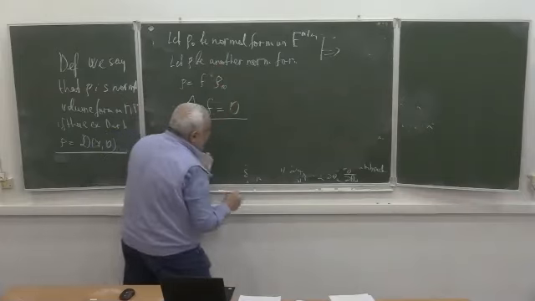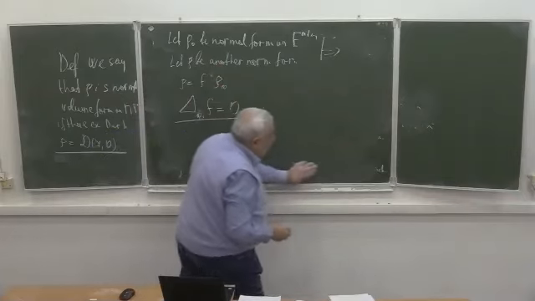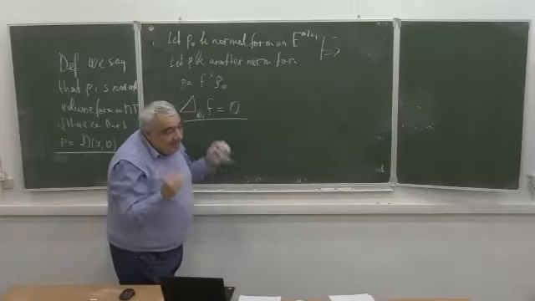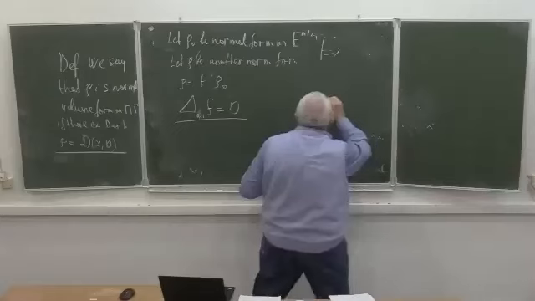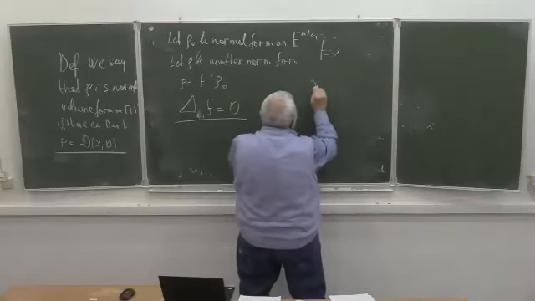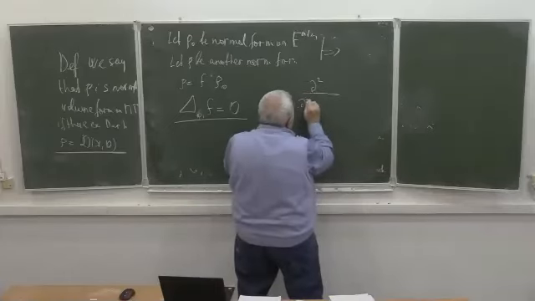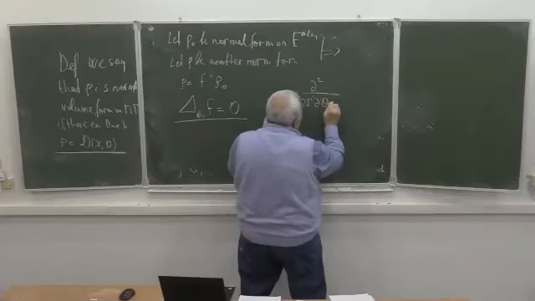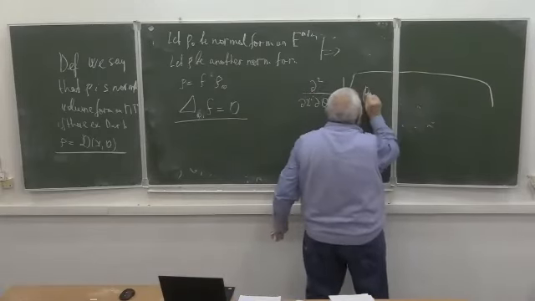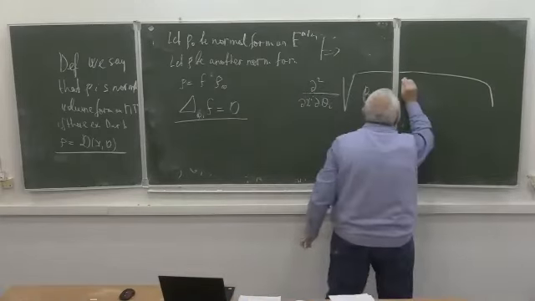Let me write you one identity which belongs to Batalin and Vilkovisky, and we call it the Batalin-Vilkovisky identity. Let's consider delta 0 of s square dx_i dθ_i.